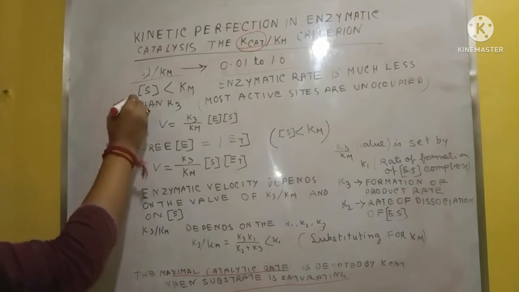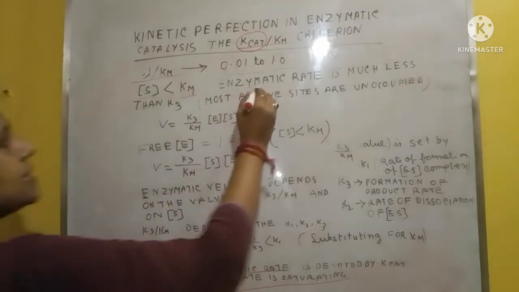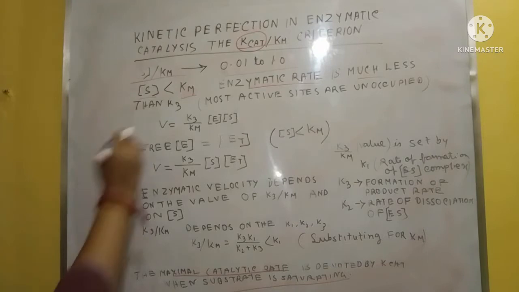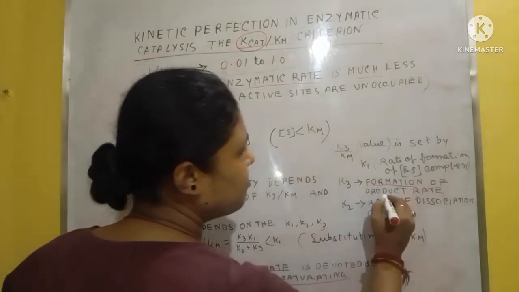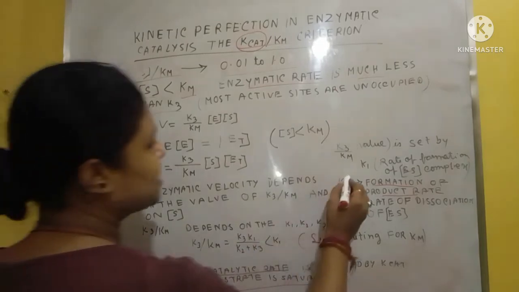But when the substrate concentration is less than the Km, then the enzymatic rate is much less. Clear? Less than the K3. What is K3? K3 is the rate of formation of the product. When the product is formed from the ES complex, that rate is K3.